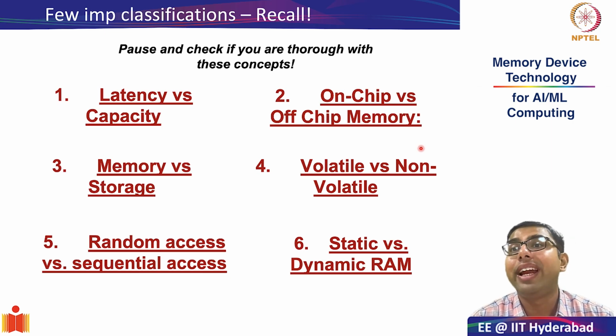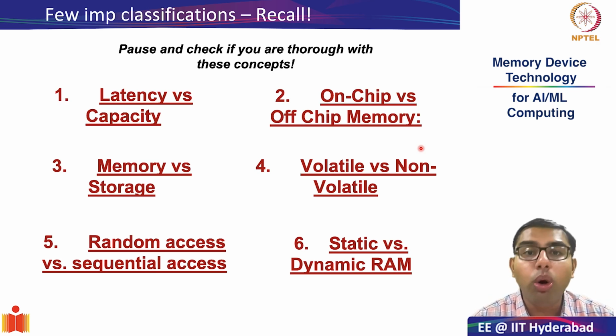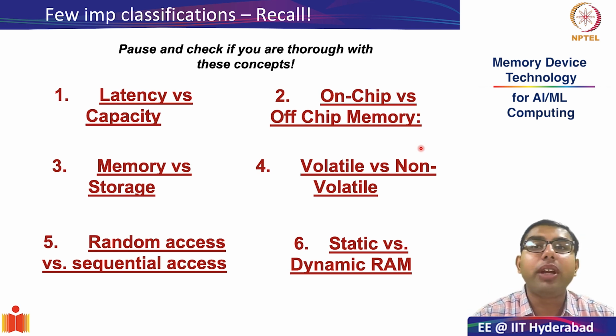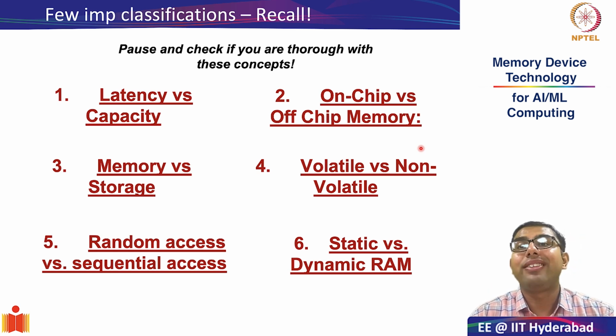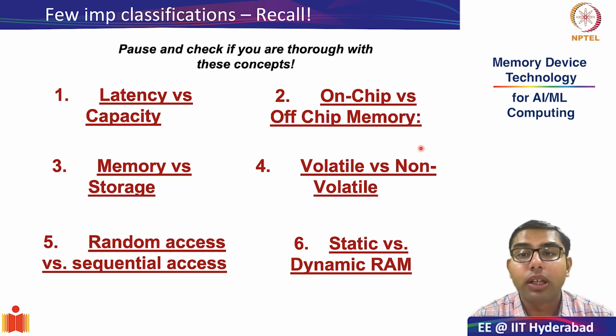The first was latency versus capacity, and that was the rationale for having the memory hierarchy in a pyramidal structure. When you move down in the memory hierarchy, the capacity or the bit density grows, but you also suffer in latency. What was on-chip versus off-chip memory?